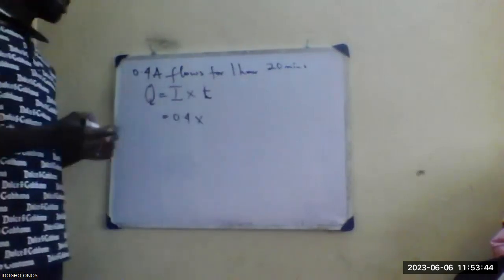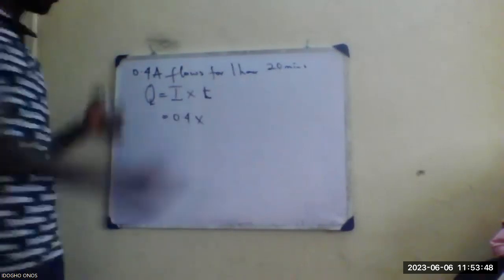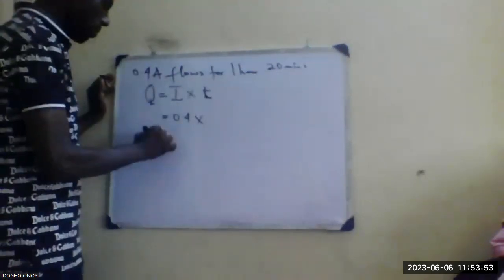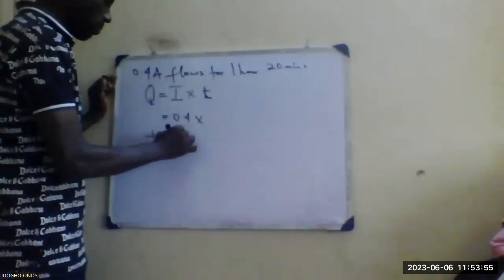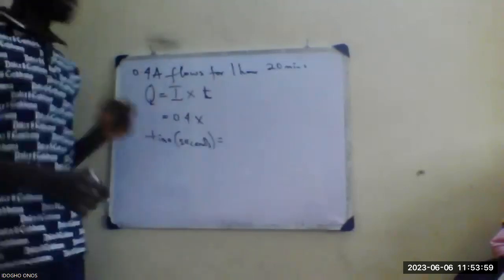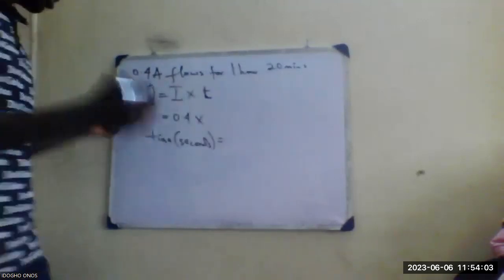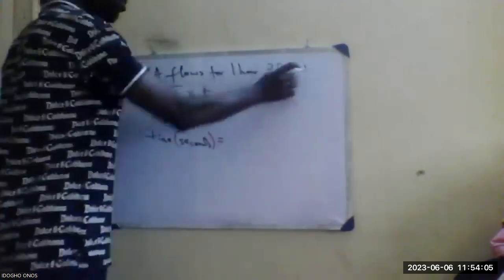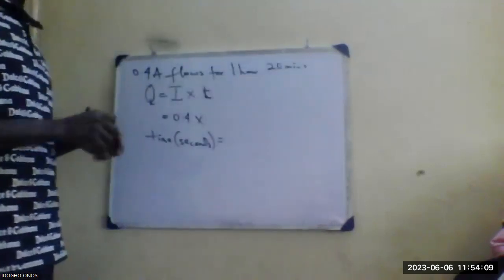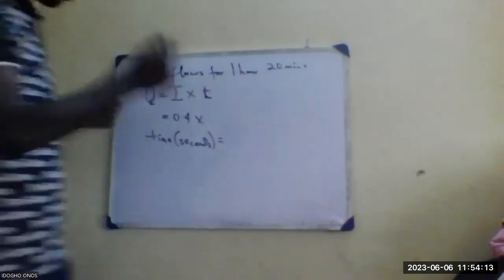Now, remember I said your time must always be in seconds. So you have to convert this time. You can just convert everything to minutes and then multiply by 60. 1 hour is 60 minutes, plus 20 minutes gives 80 minutes altogether.